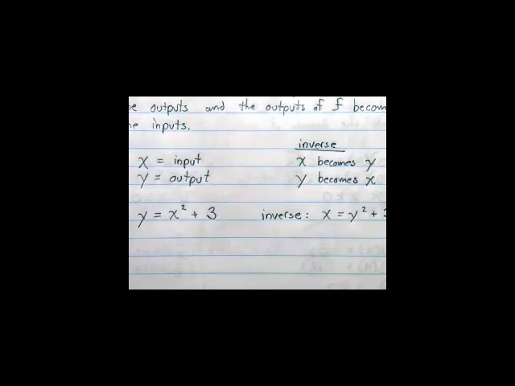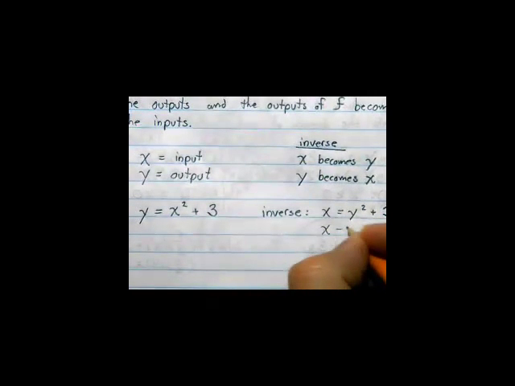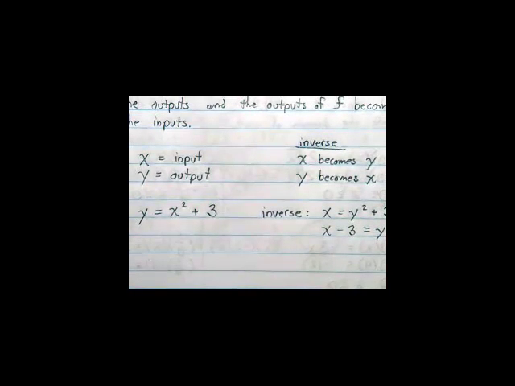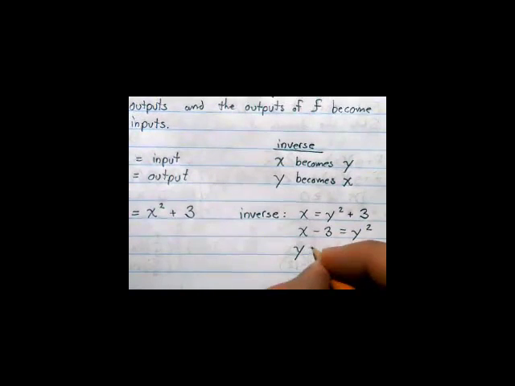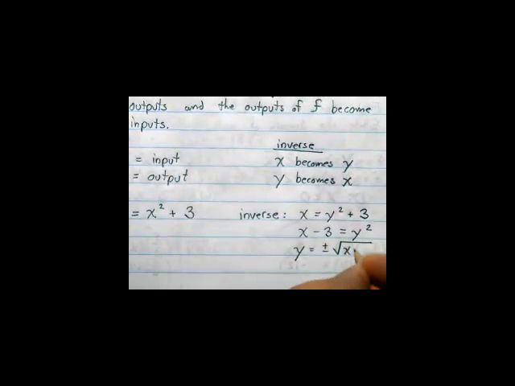All right, subtract the 3. So I have x minus 3 equals y squared. And now what? Square root both sides. But remember, if I square root both sides of an equation, what do I have to have with the square root? Plus or minus. Okay. So y equals plus or minus the square root of x minus 3.